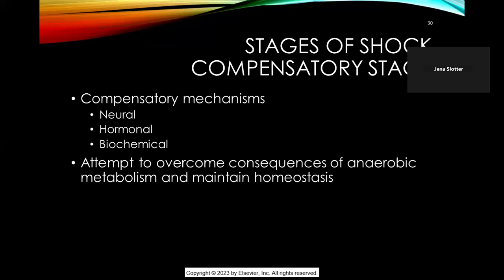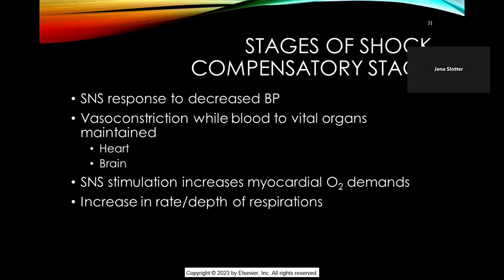The body is attempting to overcome this and maintain homeostasis. This stage is when you're really going to see the blood pressure drop. This is because of the decreased cardiac output. You're going to see a narrowing of the pulse pressure, and then you're going to see those SNS symptoms.